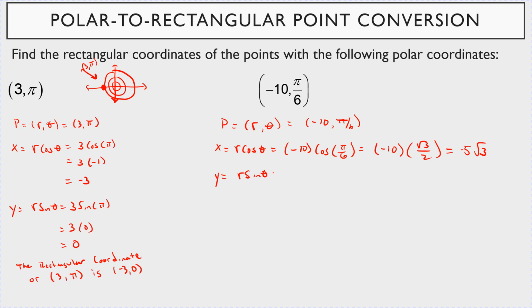And y, which is r sine of theta, would be negative 10 times sine of pi over 6, which is negative 10 times 1/2, which would be negative 5.